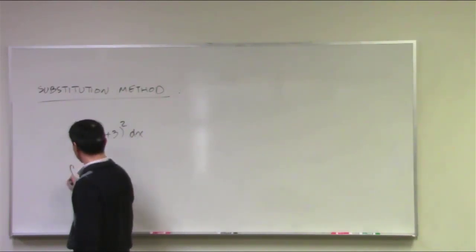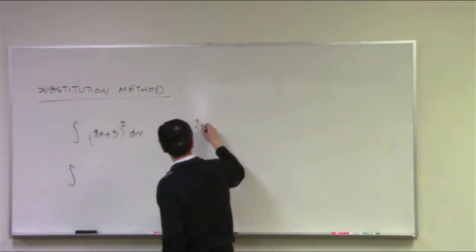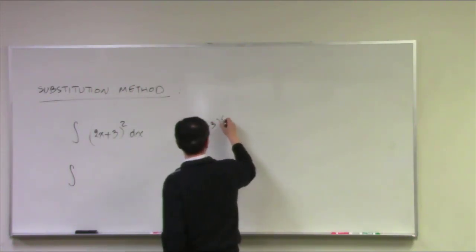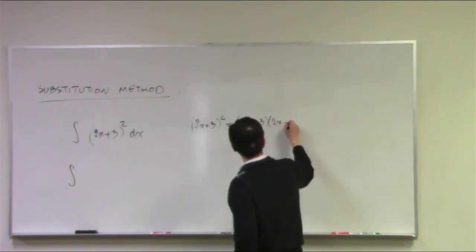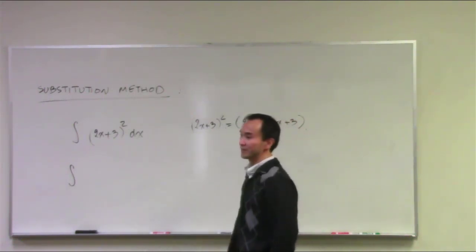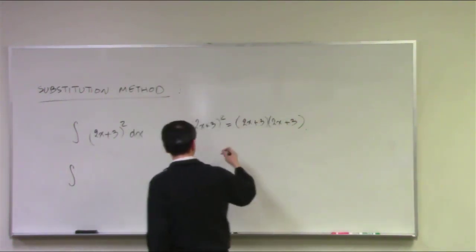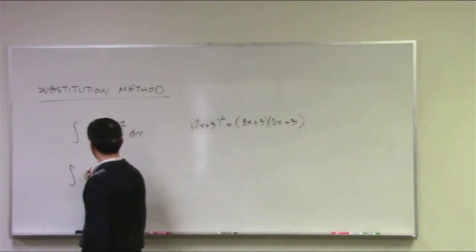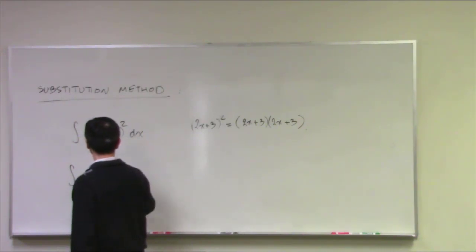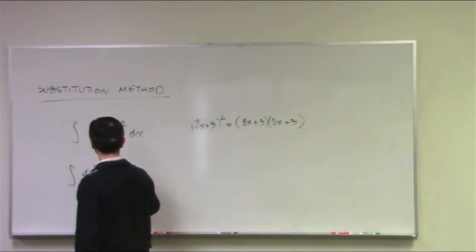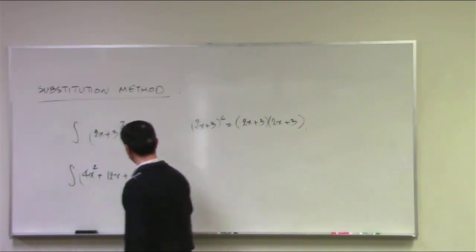So we go, think about this: (2x plus 3) squared is the same as (2x plus 3) times (2x plus 3). Then you do the foiling, and that's making it 4x squared. You can do the foiling independently again. Then that's 6x plus 6x, so 12x, plus 9, after the foiling.